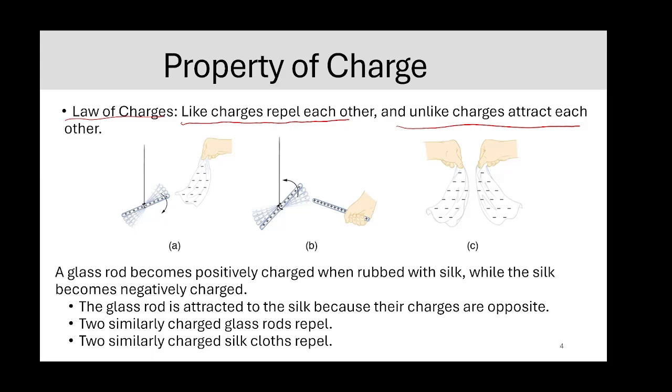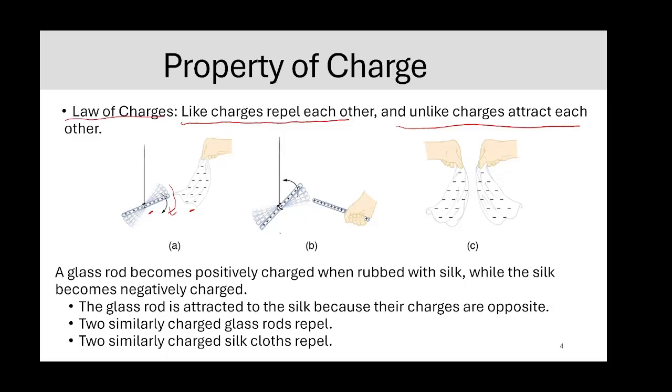And we can also see in the figure here we have a positively charged rod and a negatively charged silk cloth. If we bring this cloth close to the positively charged rod, it rotates toward the cloth.